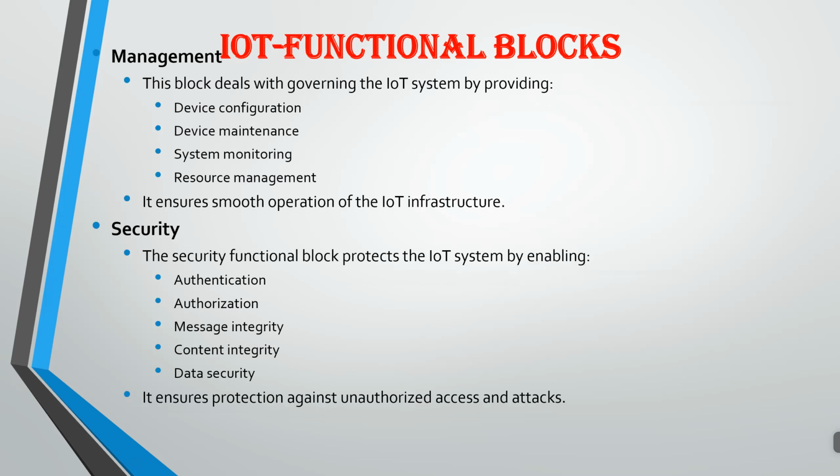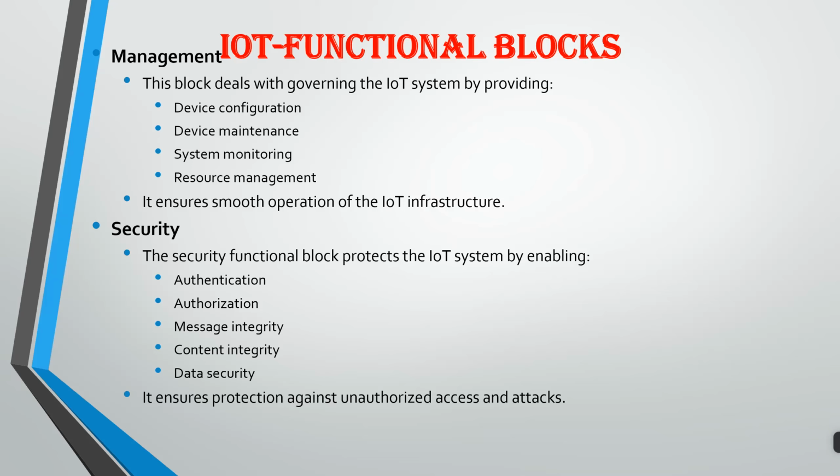One is, as I told, management. Here you can configure the device, you can maintain the device, you can monitor the device, you can manage the resources, resource management. All these activities of the IoT system come under management. The purpose of the management of IoT includes the smooth operation of the IoT infrastructure.